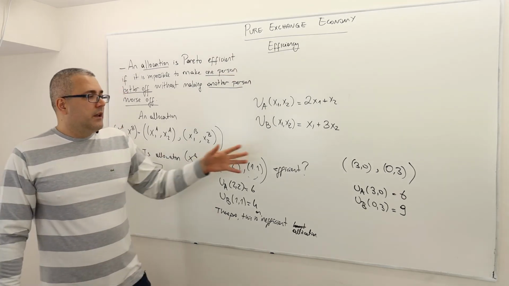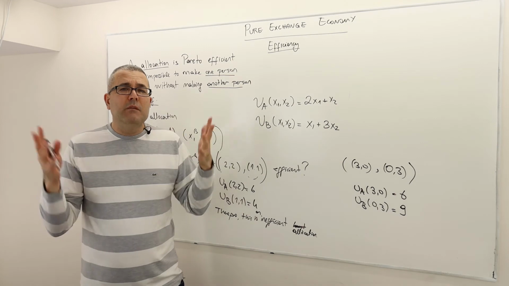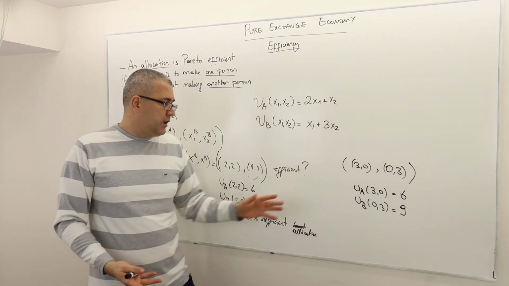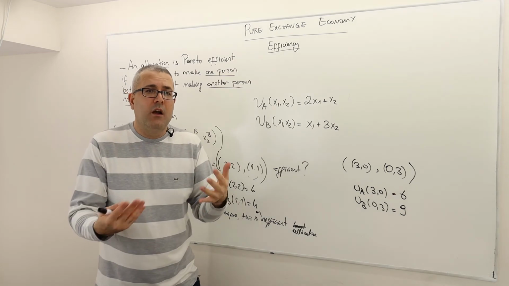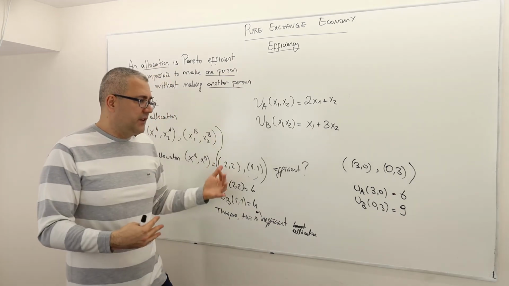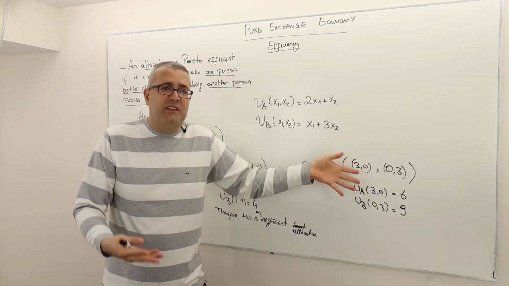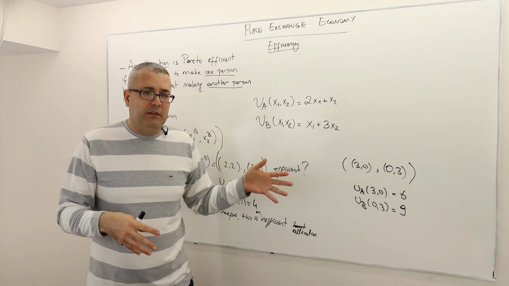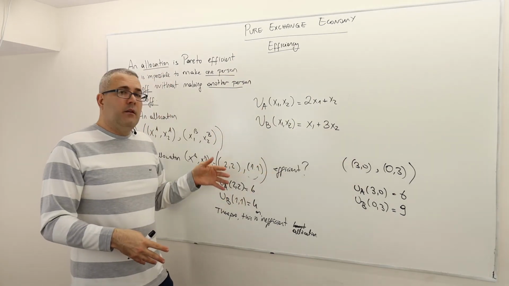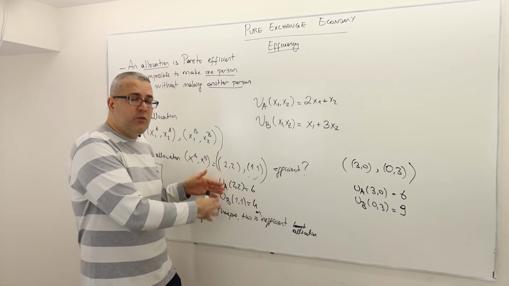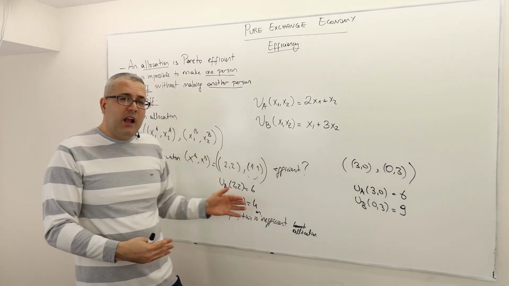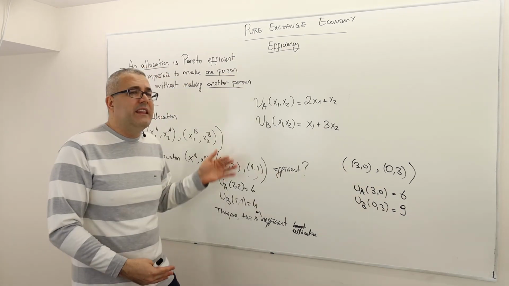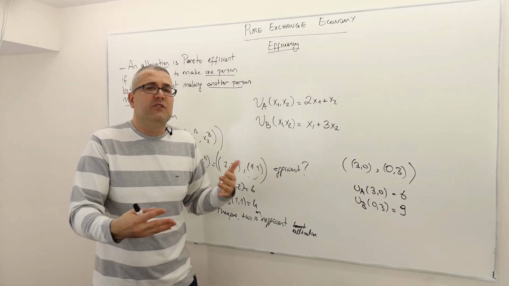There might be infinitely many other options where both Anita and Bob are happier, but I don't care. All I want to find is that there may exist another feasible bundle where both guys can be happier, or at least one guy gets strictly happier and the other guy remains indifferent.